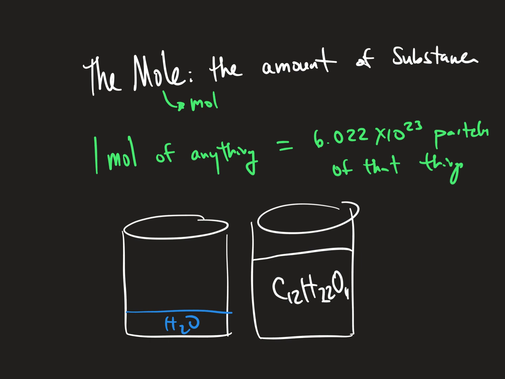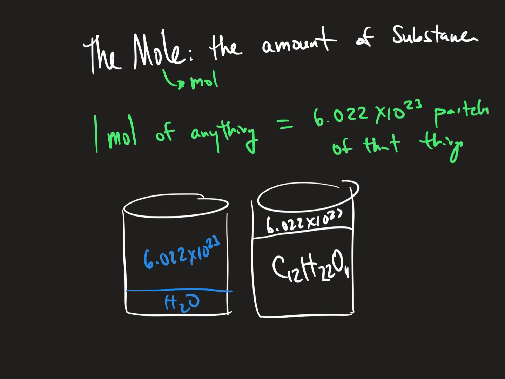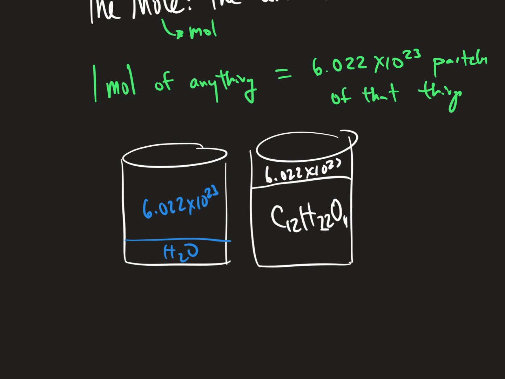Here we have 6.022 times 10 to the 23 particles of water. And here we have 6.022 times 10 to the 23 particles of sugar. Okay? So because of this ratio, that helps us to be able to make predictions.